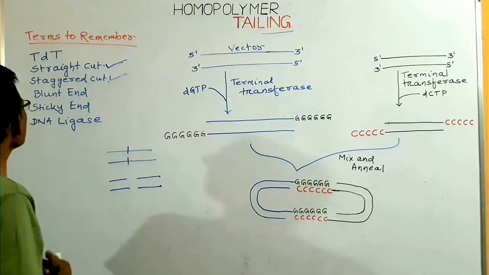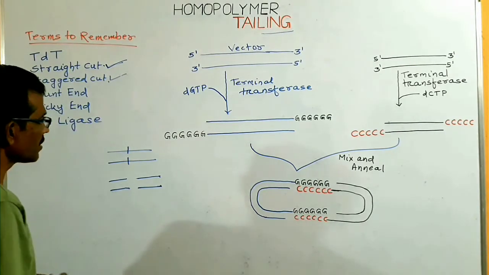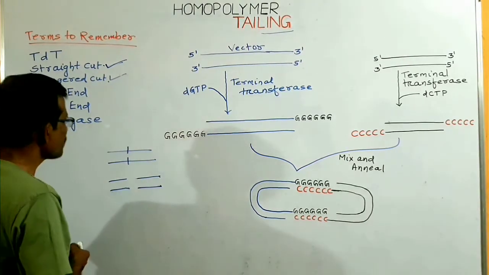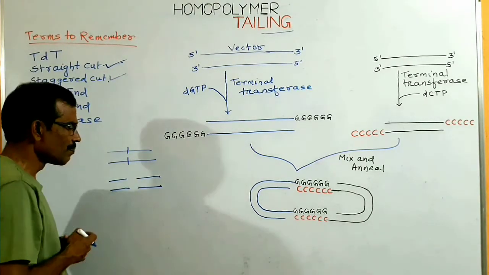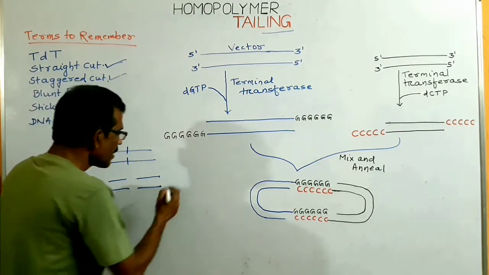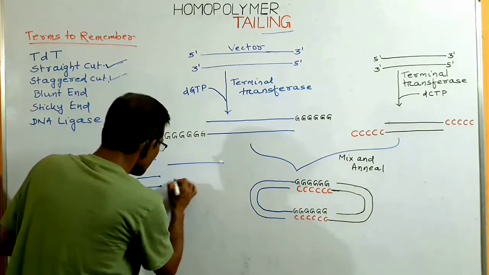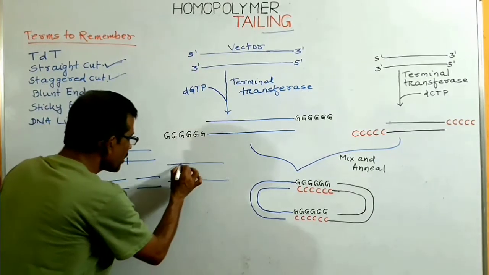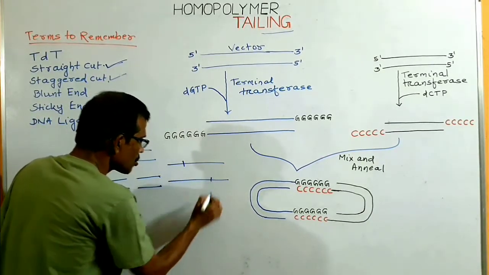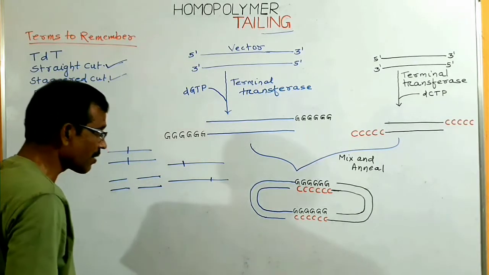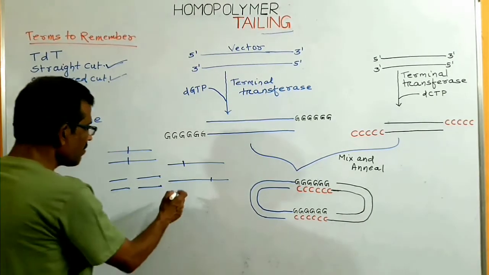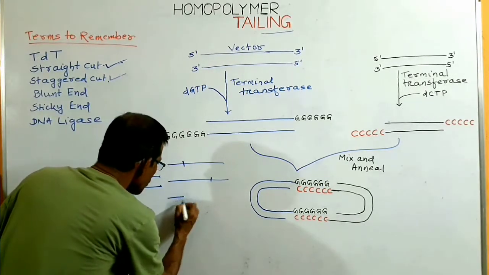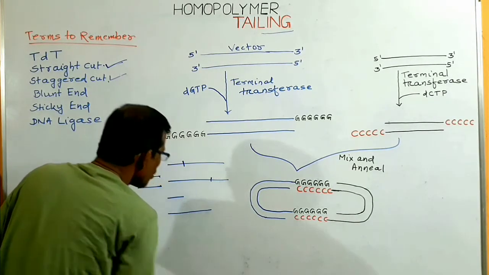And there are some other restriction endonucleases, particularly type 2 restriction enzymes, which make staggered cuts. What are staggered cuts? Staggered cuts mean the two strands of a double-stranded DNA molecule are cleaved at different positions. By cleaving the DNA molecule at different positions, we also get two DNA fragments.